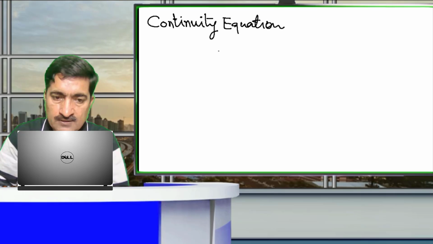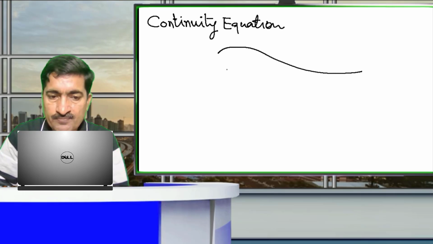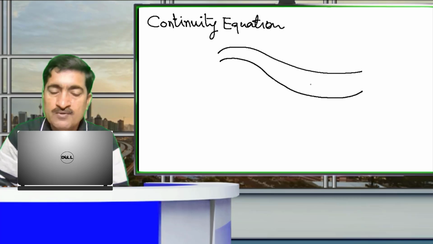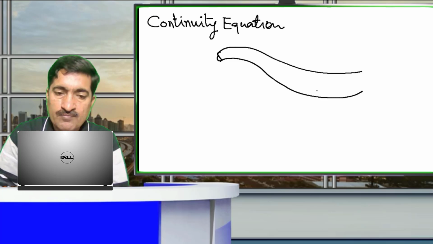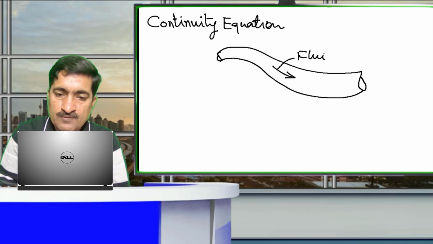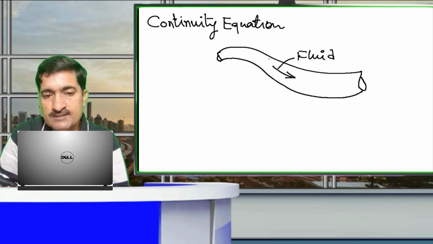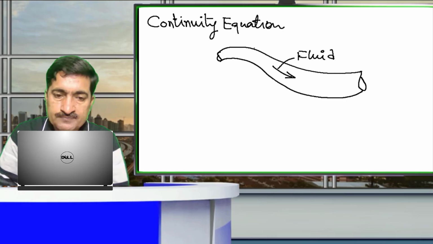Consider this pipe of varying area, and this is the fluid flow. It is flowing in this direction. Now consider a section 1-1, and this is section 2.